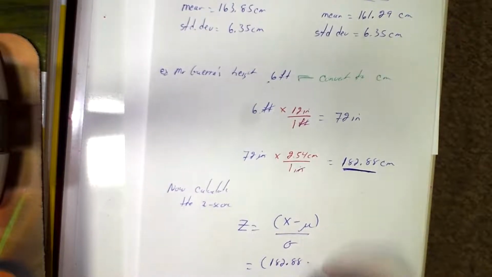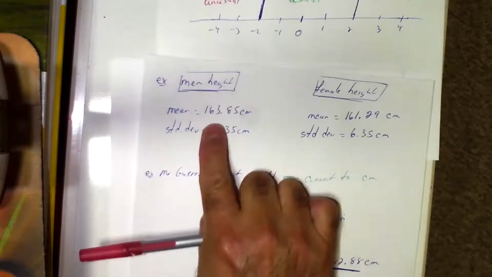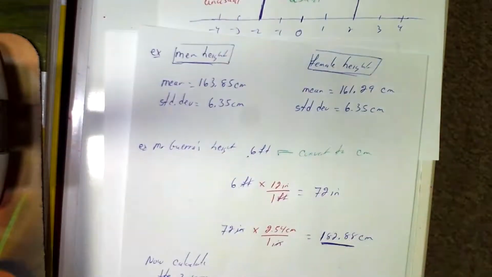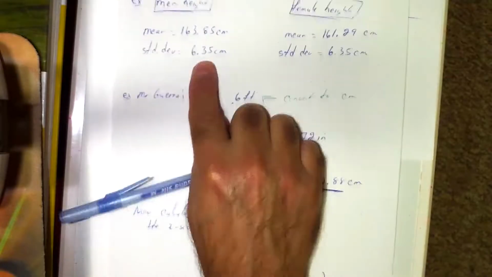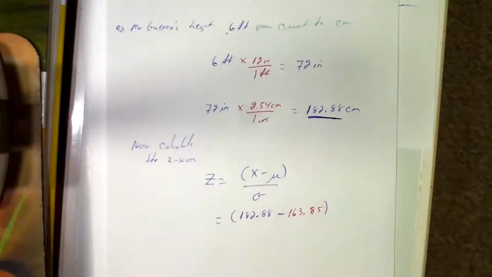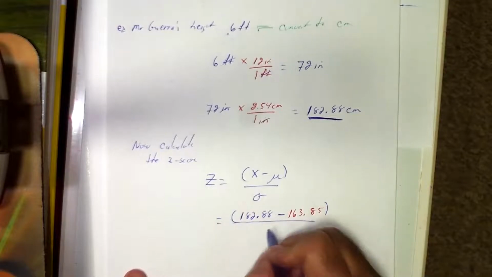I'm going to subtract the mean height of men, which is 163.85, and divide the whole thing by my standard deviation of 6.35.